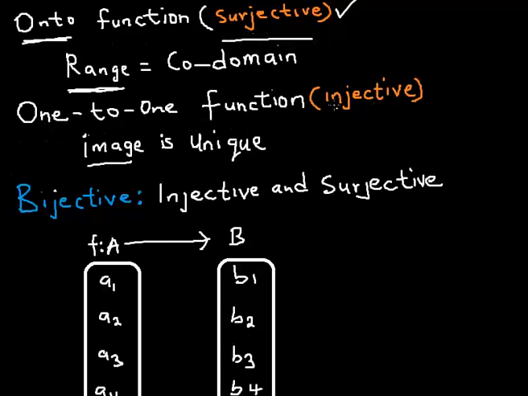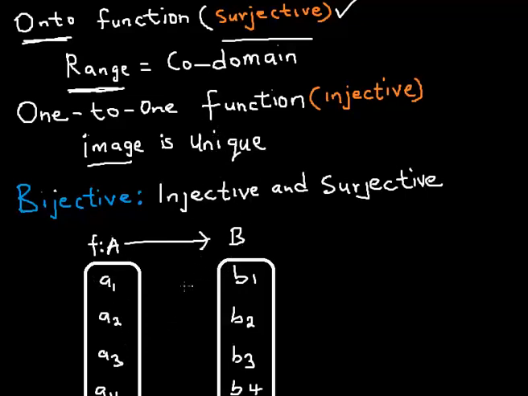Another name for it is injective function. A function is said to be one-to-one when the images of the domain are unique. That simply means that in the codomain there are no two elements of the domain that will have one image.